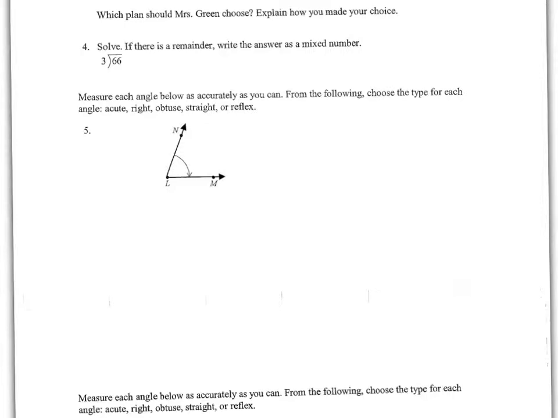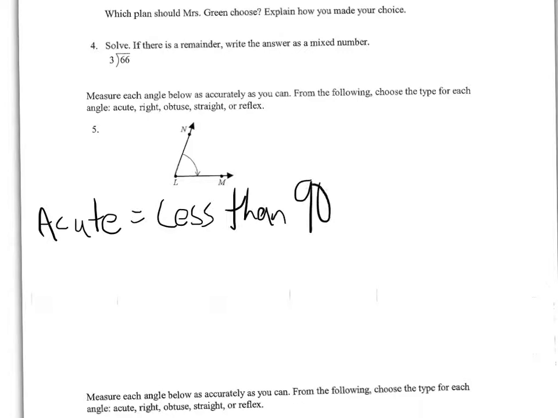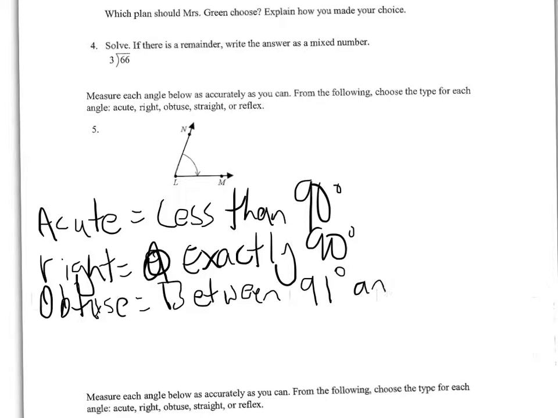Acute equals less than 90 degrees. Right equals exactly 90 degrees. Obtuse is between 91 and 180 degrees.